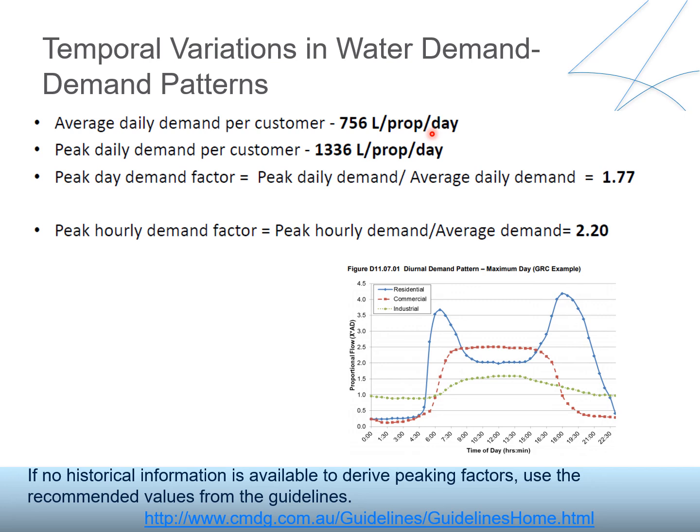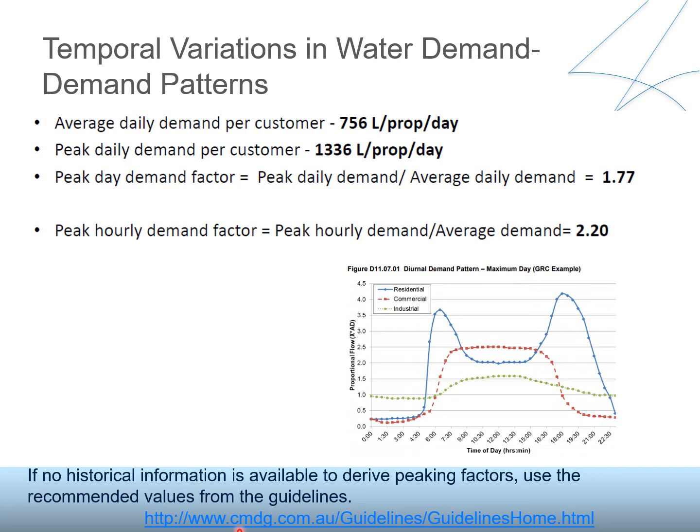So we have calculated that. Peak daily demand per customer is 1336 liter per day. Peak day demand factor is 1.77, and peak hourly demand factor we haven't calculated, but if we have that information, peak hourly demand factor is 2.2.